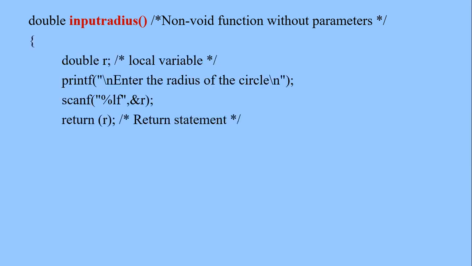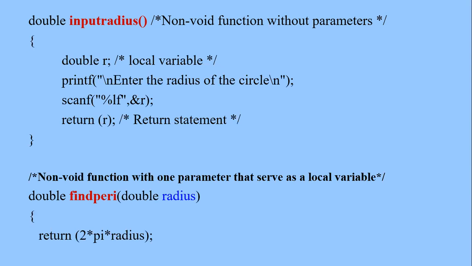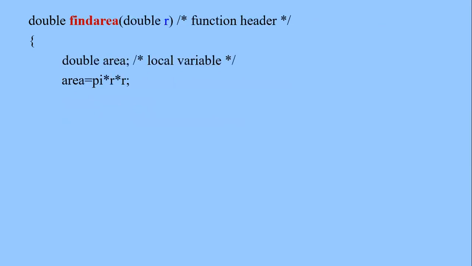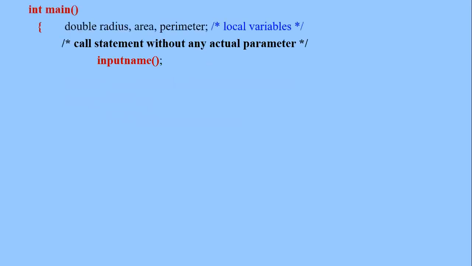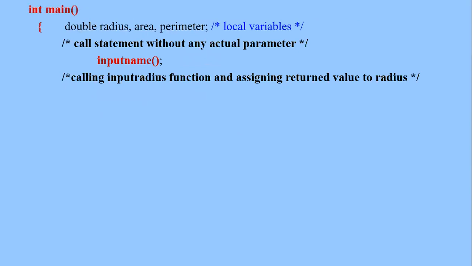Once the value has been entered for radius, the control will be taken back to the main function, and the value received as input radius will be stored in the memory location called radius. So it will assign the returned value to the memory called radius.